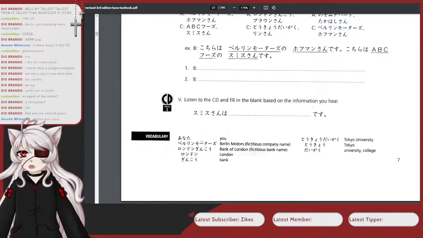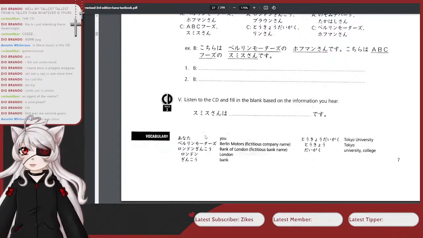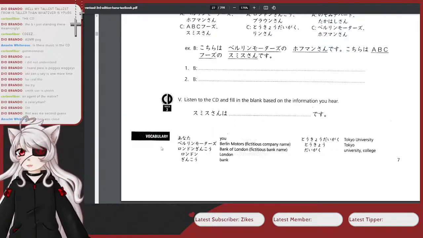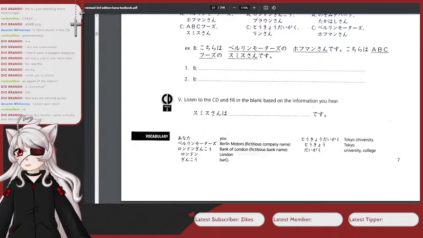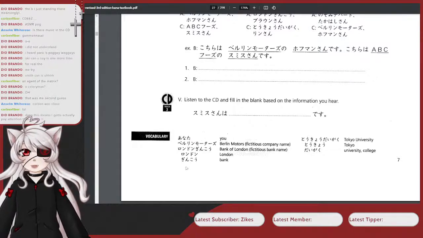But here we've got anata, which is you. So watashi is I, anata is you. Berurin Motors, Berlin Motors. Rondon Ginko, Bank of London, with Rondon being London, and Ginko. This means I gotta pay attention now. Cringe.